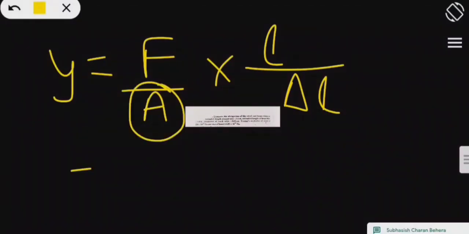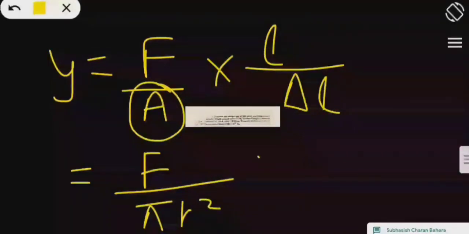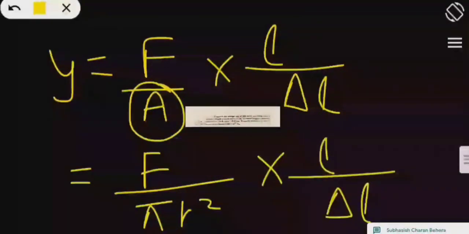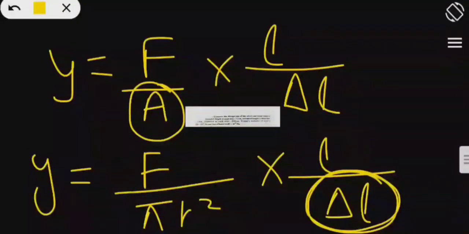And instead of A, the cross-sectional area, let me place pi r square: F by pi r square into L by delta L. Now let me find delta L from this, because my question is to find delta L.